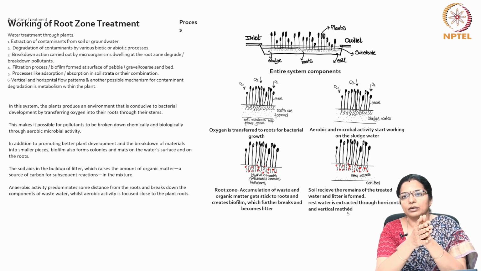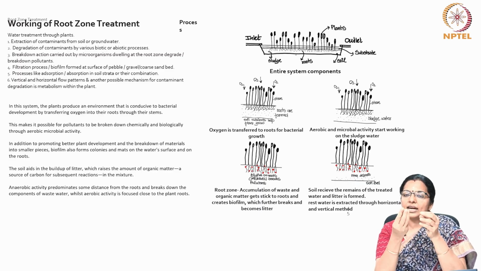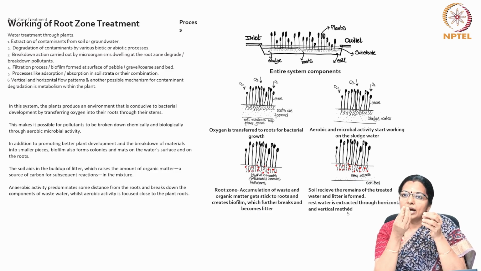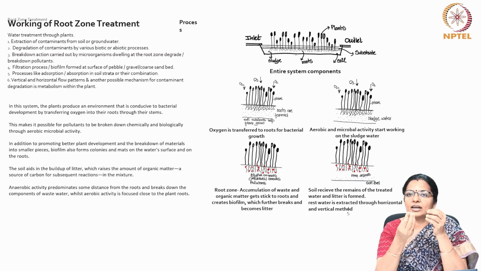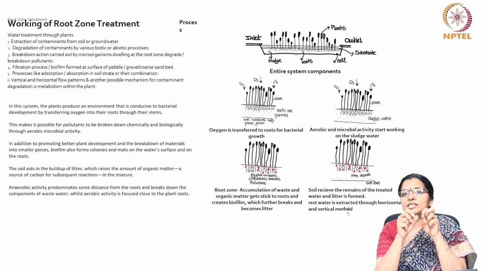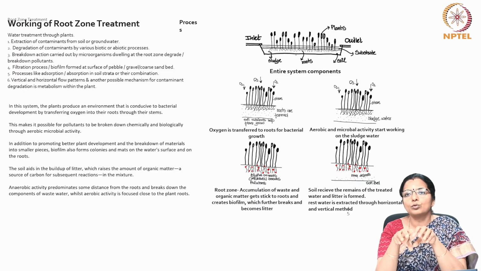No chemicals are used, but only plants are used, and the breakdown action happens because at the root of these plants there are microorganisms which are voracious eaters of the contaminants that are put in the root zone treatment plant.